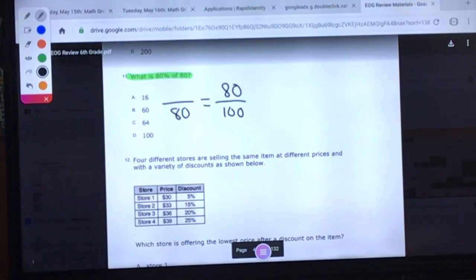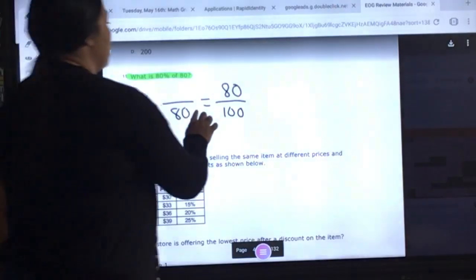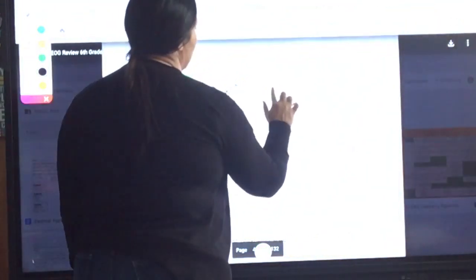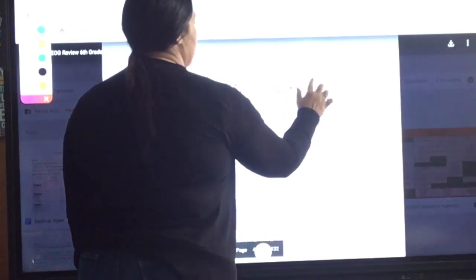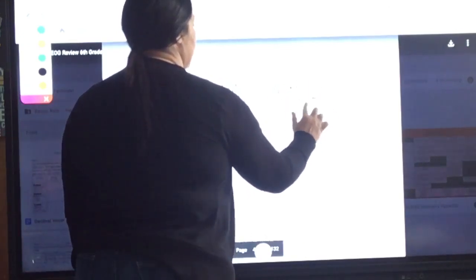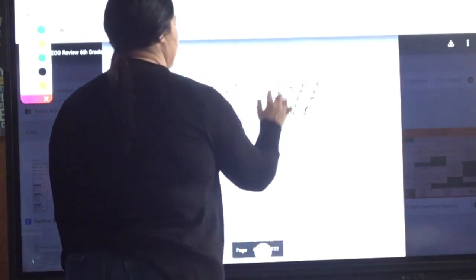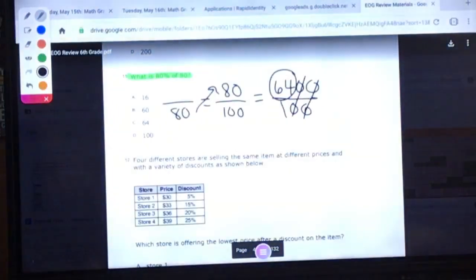So use your calculator and do 80 times 80%. I got this number. Alright, so now looking at your calculator, as I solve this problem, showing my work, did we get the same answer?